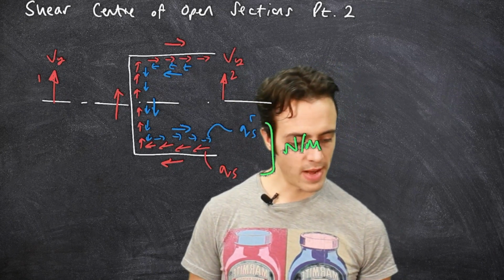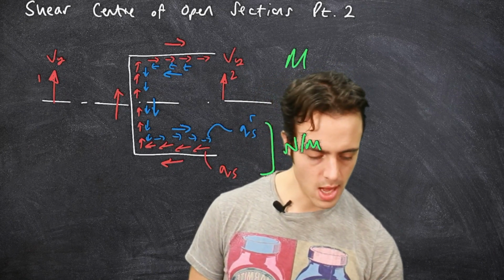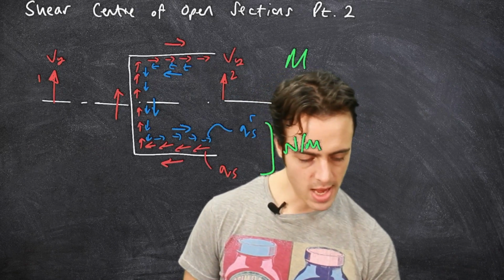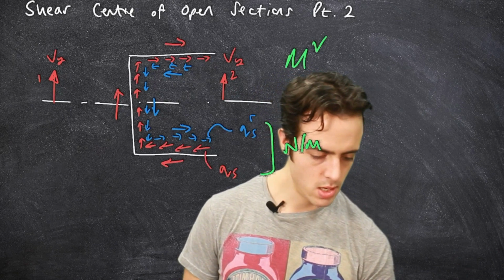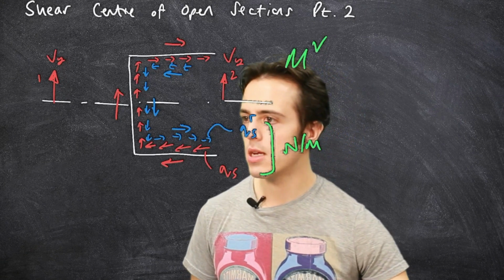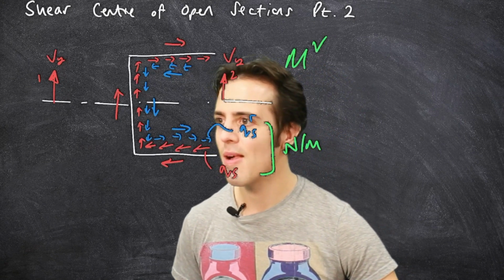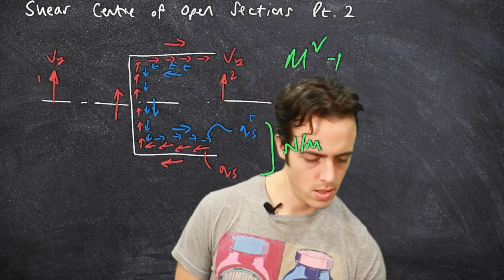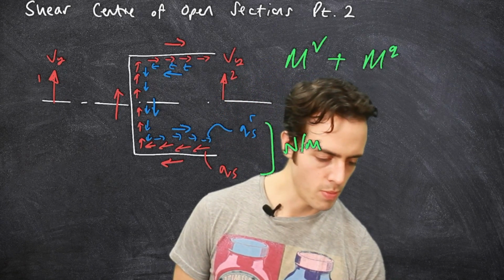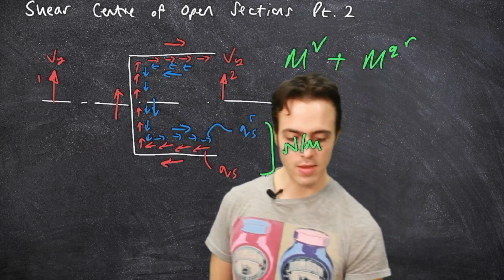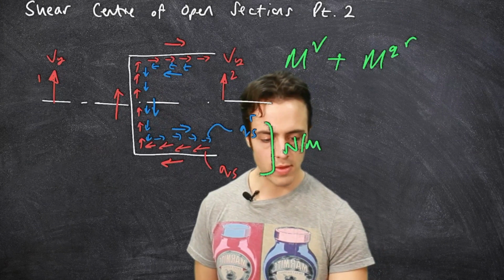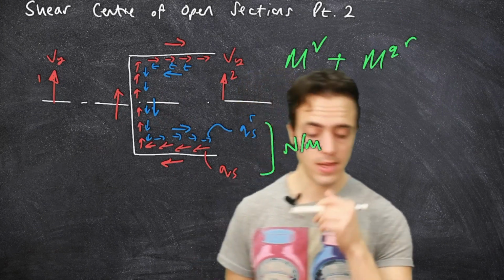So wherever we evaluate them, we could write this as M, let's call this MV. And then, just bear with me one second. And there could also be a moment caused by these blue arrows here. So by this one, by this one, and by this one, which is just the integrated load.